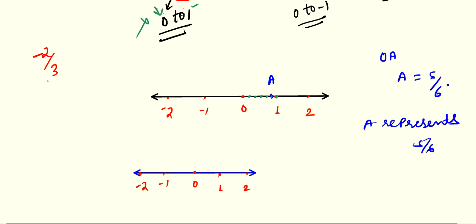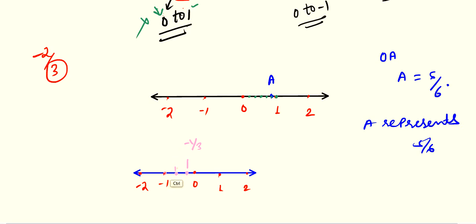Okay, minus 2 by 3. तो 0 और minus 1 को 3 parts में divide करना है. So here we are starting, first part, second part, this one is the third part. So this is minus 1 by 3, this is minus 2 by 3 that we have to plot.